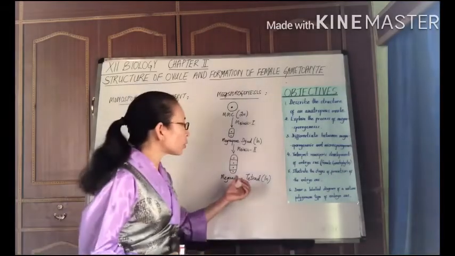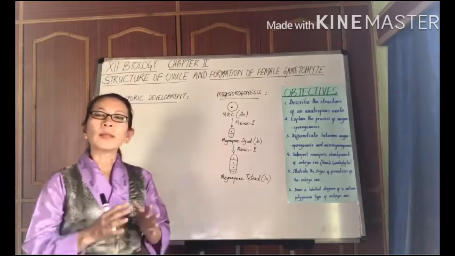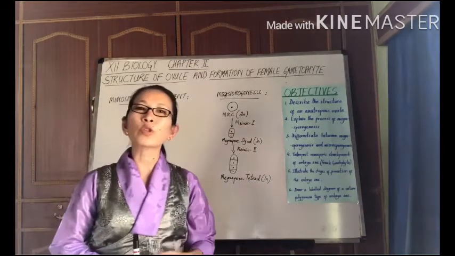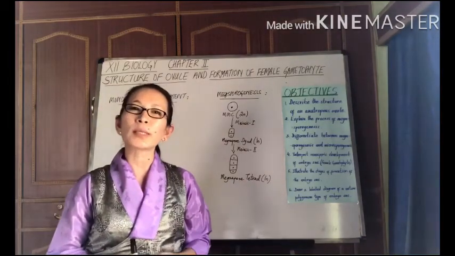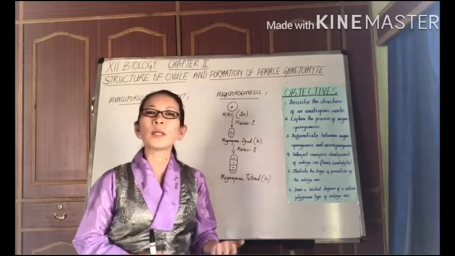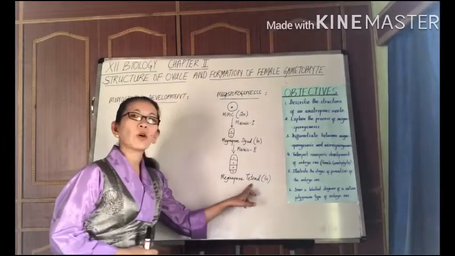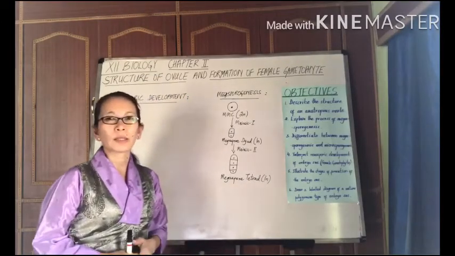But the arrangement of these four megaspore cells is always in the linear state, unlike the microspore tetrad. Microspore tetrads can be linear, or tetrahedral, or even in other clusters. But megaspore tetrads are always in linear state.